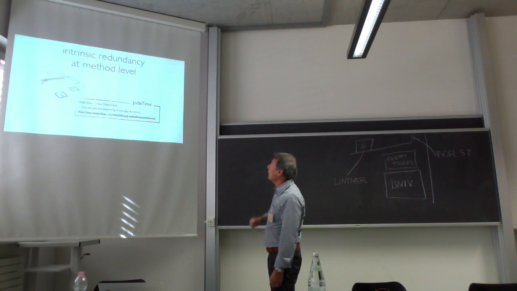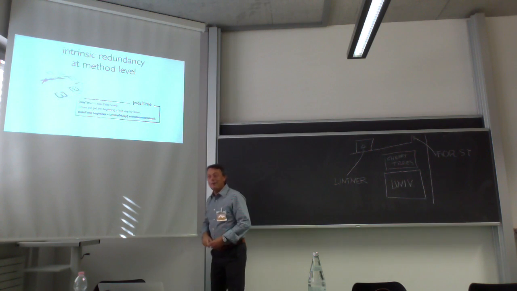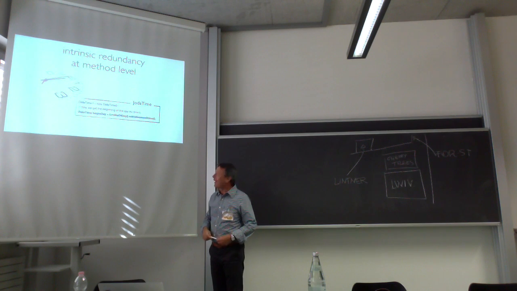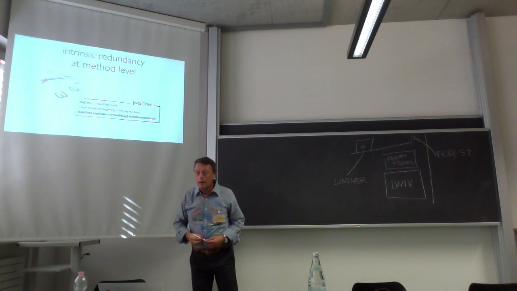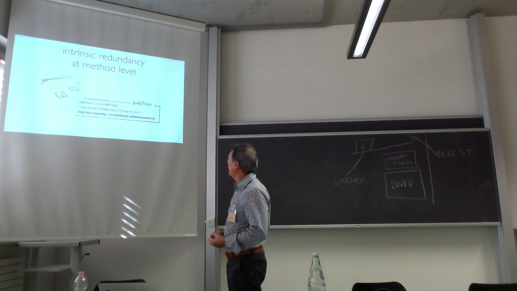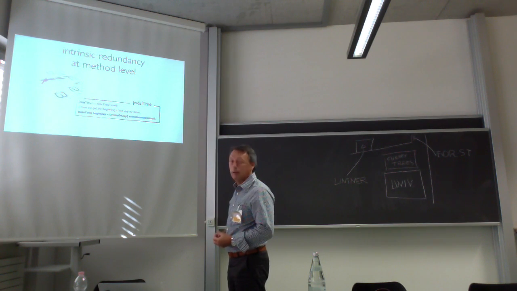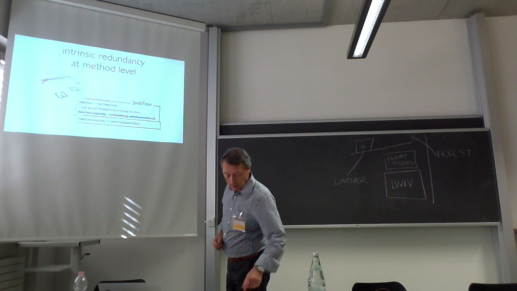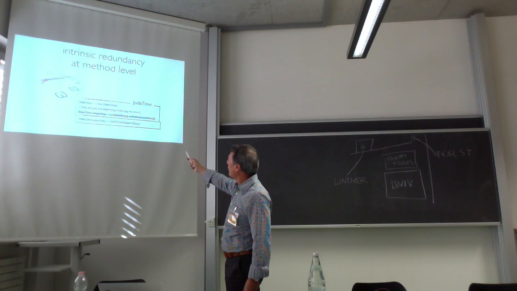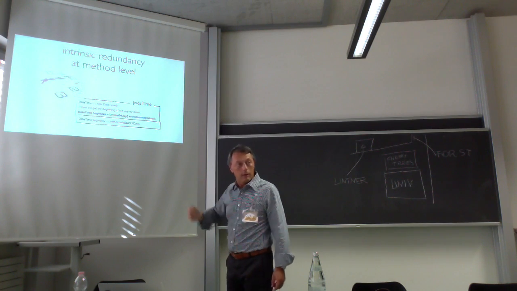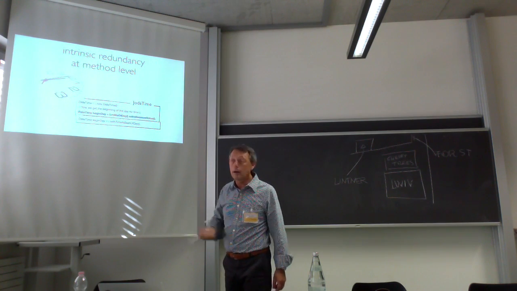Okay, so this is my favorite Joda Time example. I mentioned that before. This is a method in Joda Time that computes the beginning of the day. But there is another method in another class that also computes the beginning of the day.